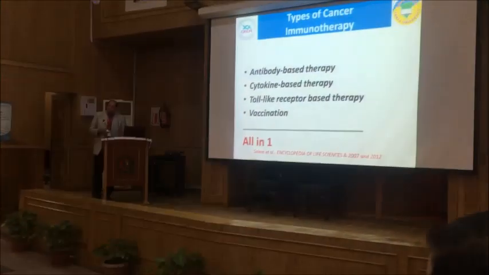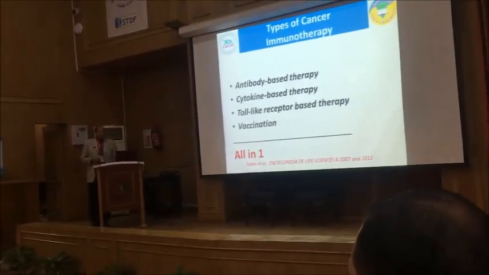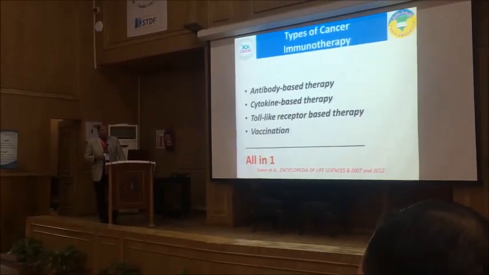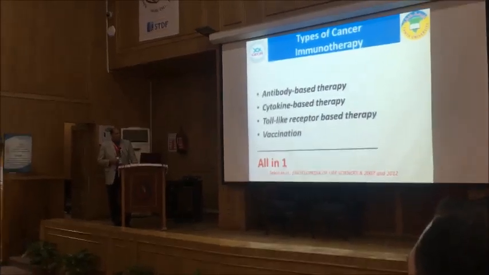One approach blocks the function of immune cells and enhances the growth of T cells, of cancer cells. The other one is cytokine-based therapy, toll-like receptor-based therapy, and of course vaccination.